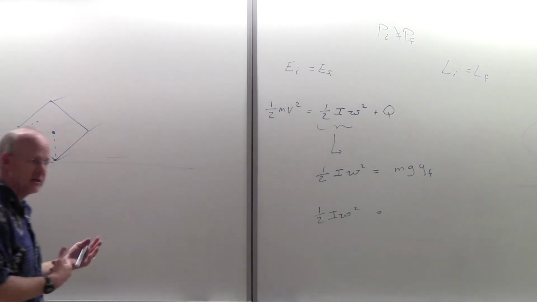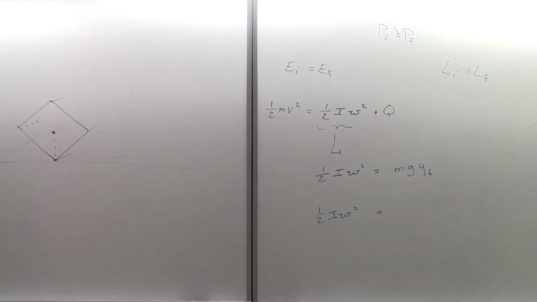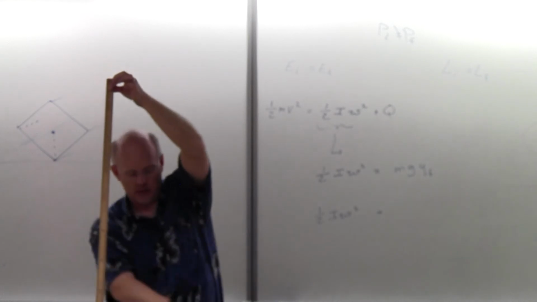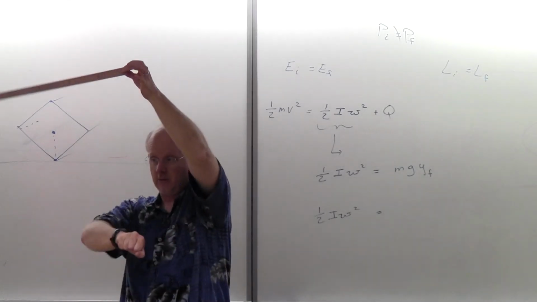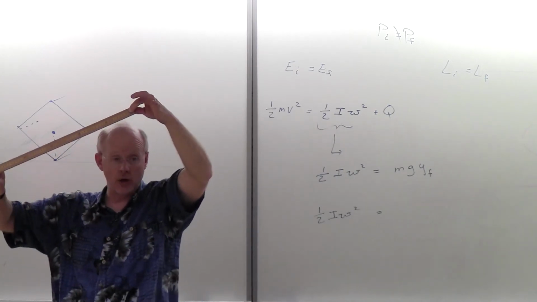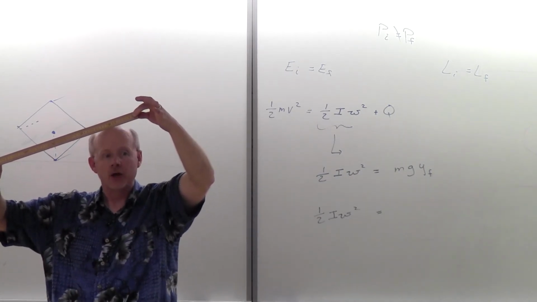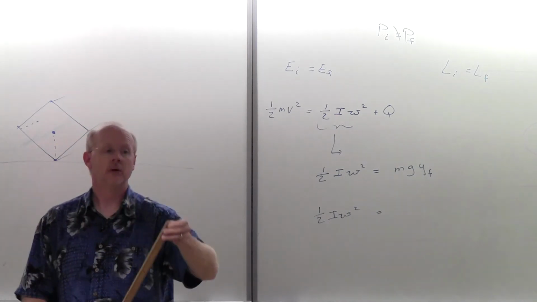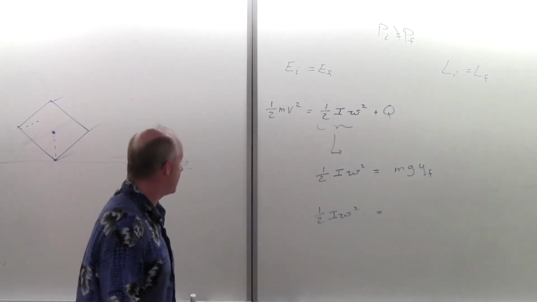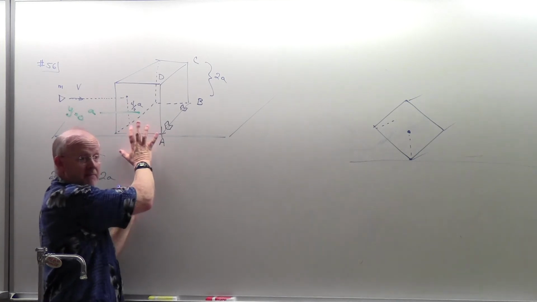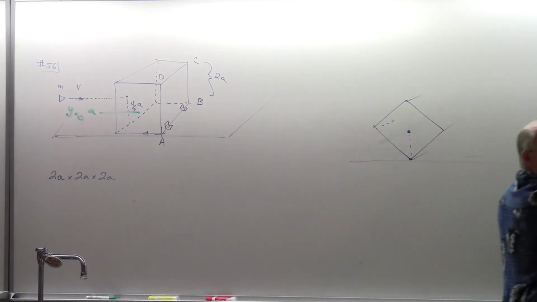Now, granted, this is rotation. So if you have something that's rotating, and so I have something like this, and I give it a little kinetic energy, and I ask how high does it rotate up, when it gets to here, you know it has come to a stop. So where does all that kinetic energy go? Into potential energy. So I take the kinetic energy that I have immediately after the impact, that's what I meant in this statement.